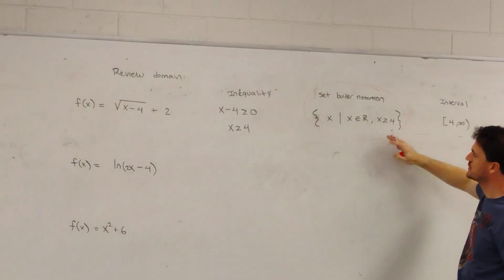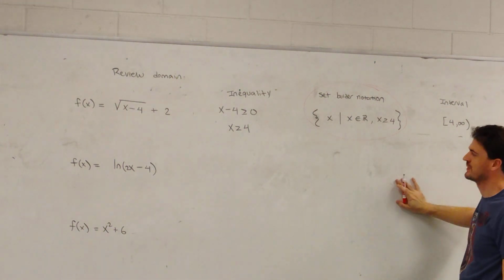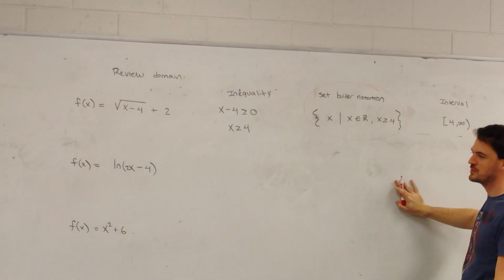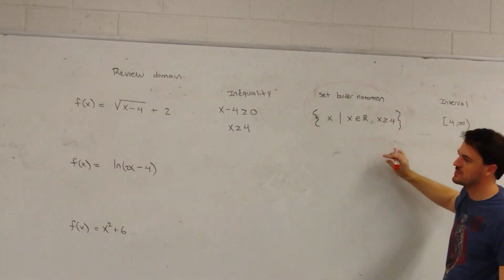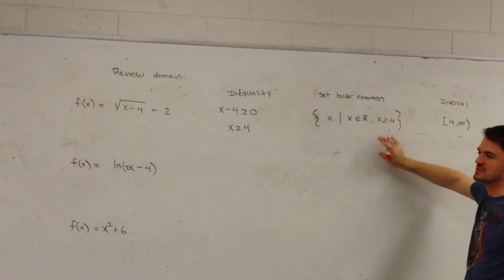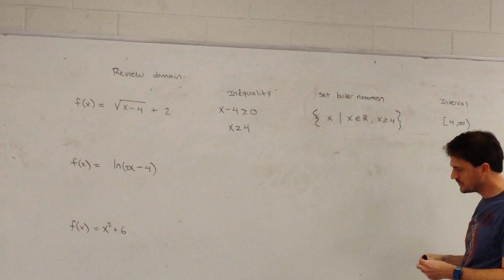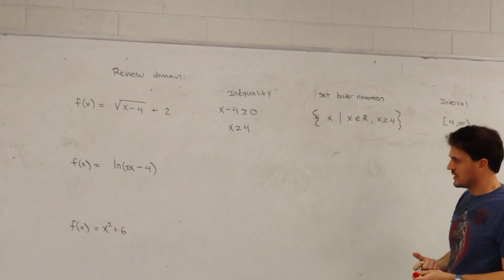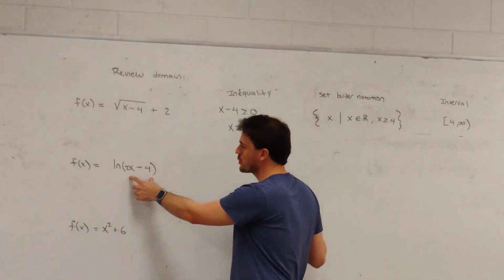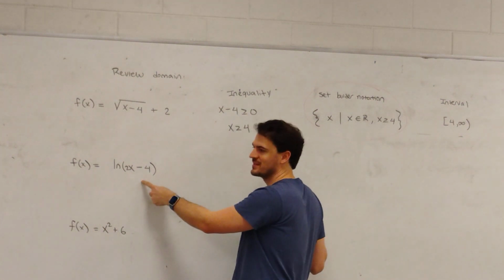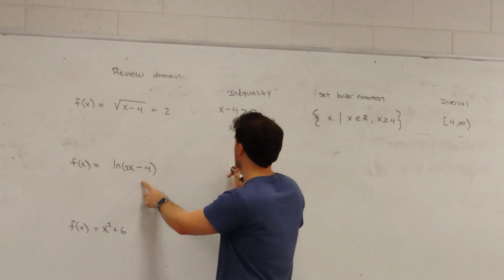We're going to write the set builder notation for all of these. When we get to multivariable, writing inequalities is not going to be what we need. We're going to want to write it as set builder notation. For ln of x, the thing that we need to remember is that you can't take the natural log of a negative number.